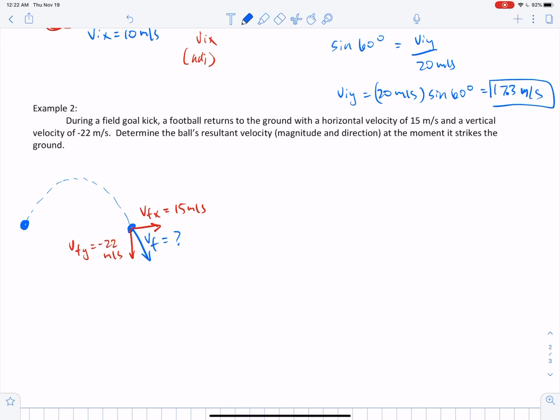So I'm going to make a triangle. I'm going to imagine that I can cut and paste one of these vectors. And so I'm going to move this one over in my mind to here, and make a new triangle. So my triangle now is going to look like this. Going to have V final here.